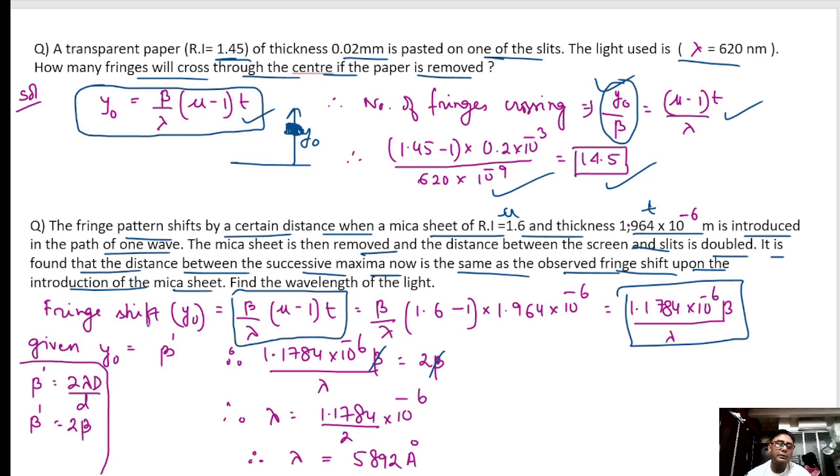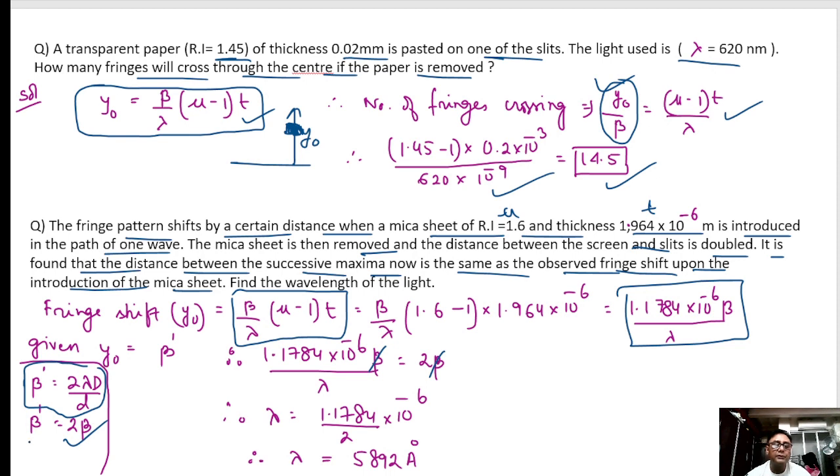Okay, so now they are telling that the screen distance is now made twice. So what is the fringe width? This, which is twice of this. Okay, and please watch here one thing, 1 minute. If the sheet is removed and the distance between the screen and the slits is doubled, so it becomes 2D.